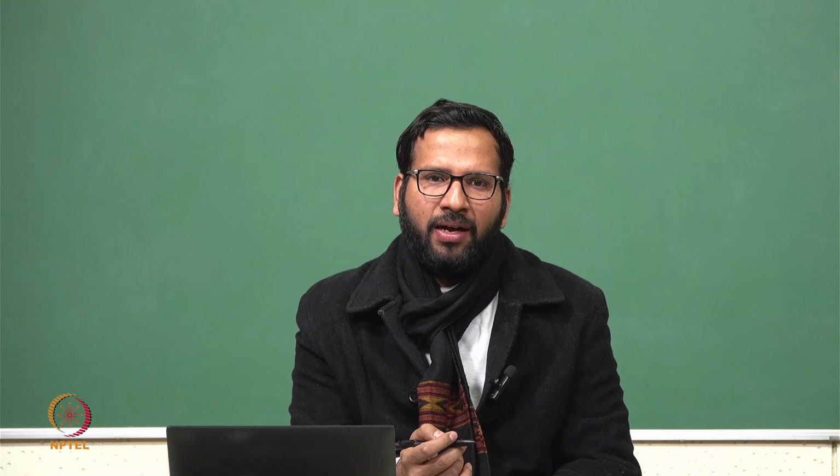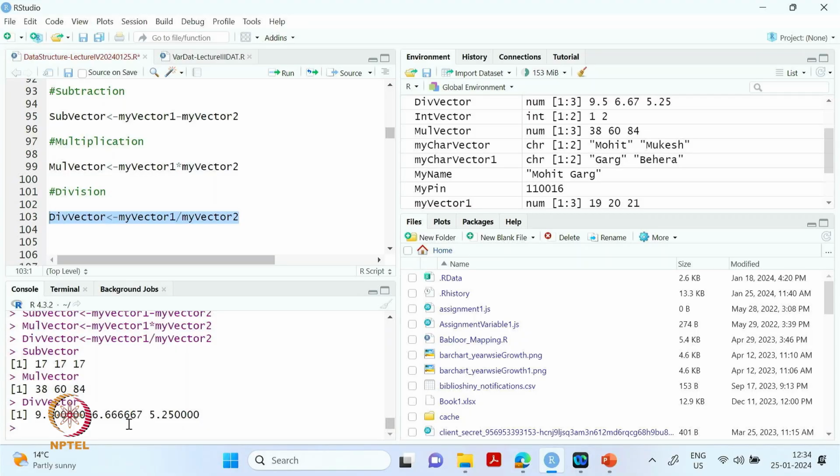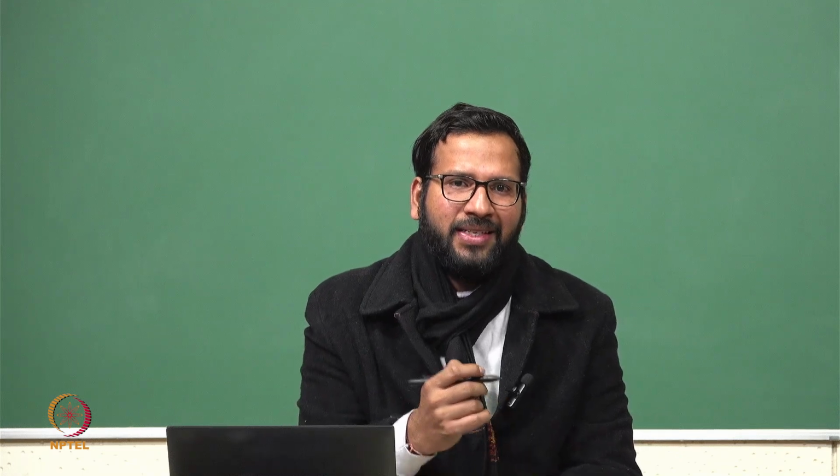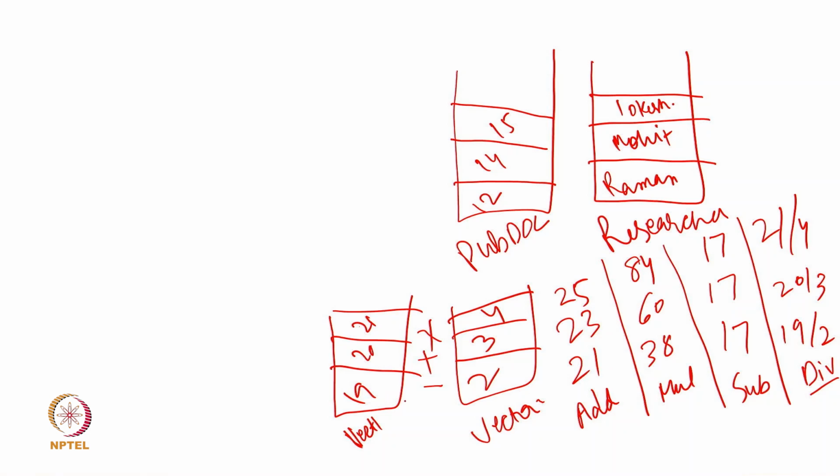During the analysis, many times we have to access the particular values of a vector. To access those particular values of that vector, we must know where that value is located. In R, the indexing system of a vector starts from 1. So this particular value 19 is at location 1, then this 20 is at the second location, and this is at the third location.